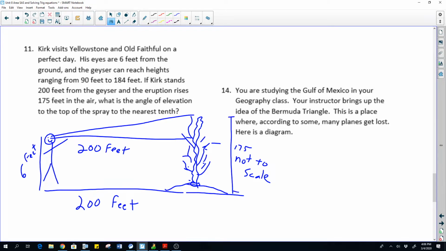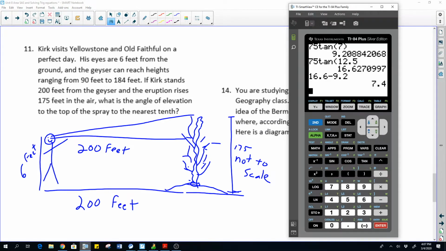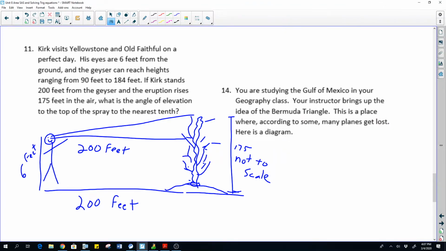And so if we take 175 minus 6, that's going to give us 169 feet. Cool. So now we know the angle we're looking for. What is the angle of elevation to the top of the spray to the nearest tenth?